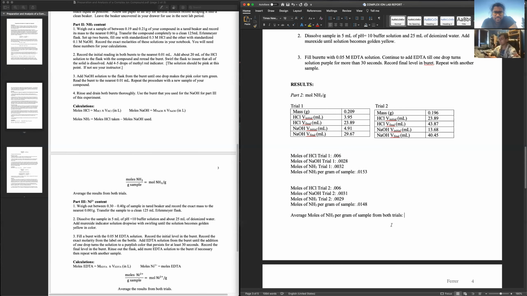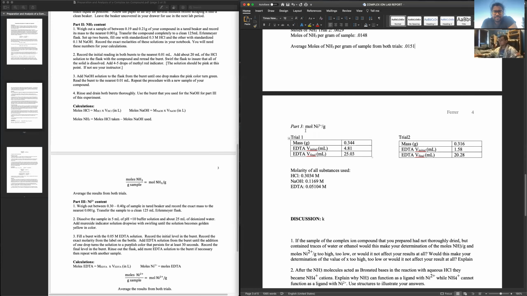And then to take the average of that, I just add them and divide it by 2, right? So I get 0.01505. It'll be, I guess, closer to 0.151. Yeah. Okay. So then that's the result of part 2.